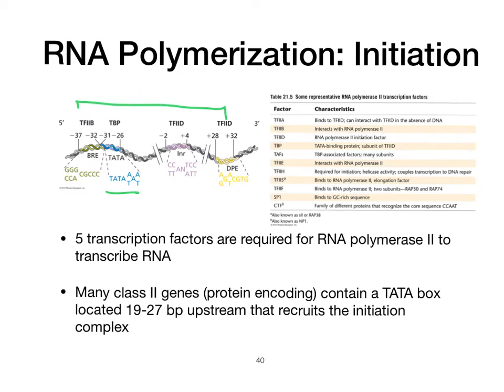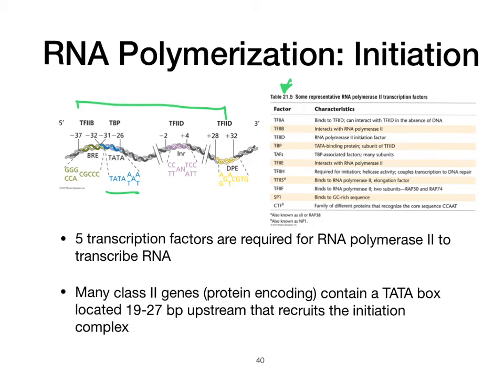So when we think about all of these factors over here, they bind to different parts. So if we think about the sigma subunit that assembled the prokaryotic RNA polymerase holoenzyme, we now have multiple players. And so these multiple players bind to different parts of these sequences with different specificity.